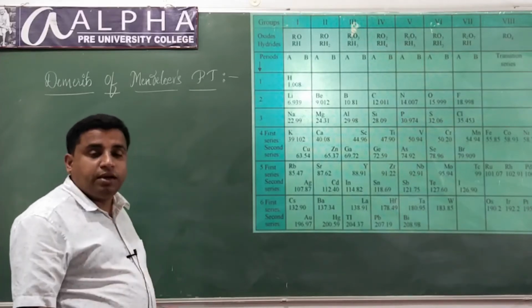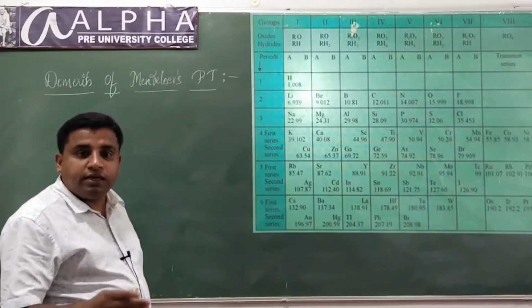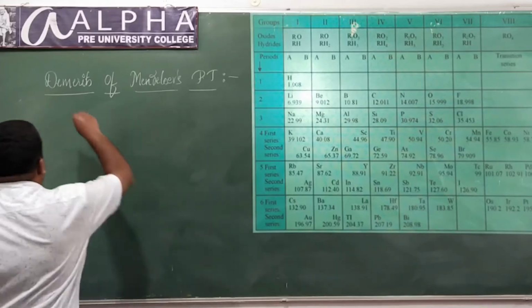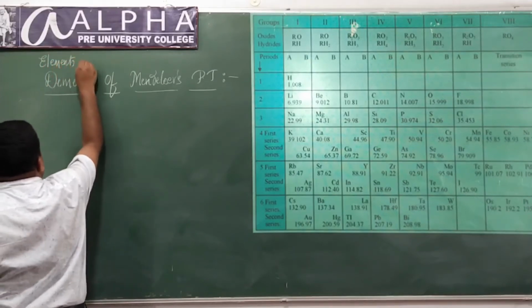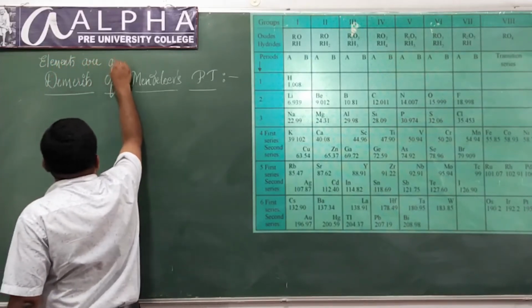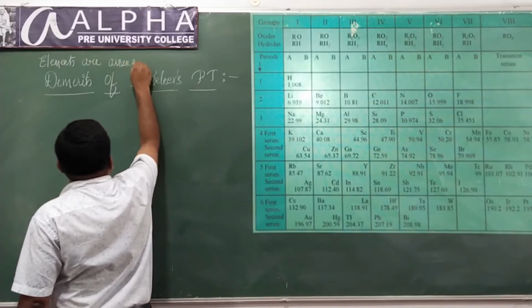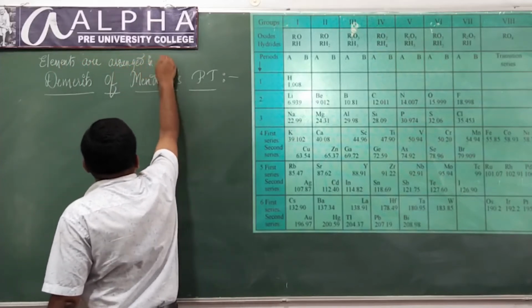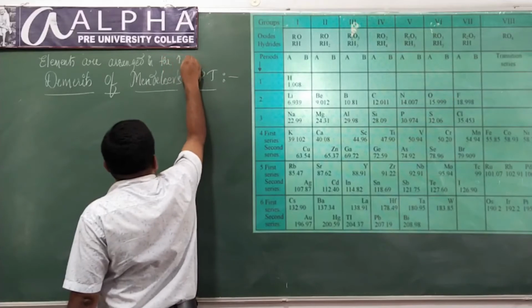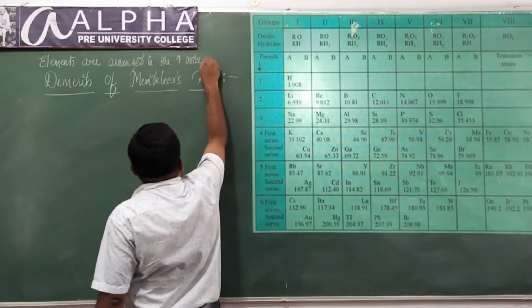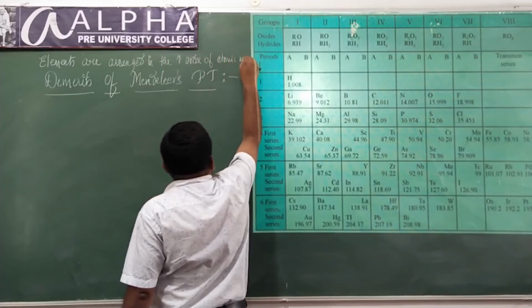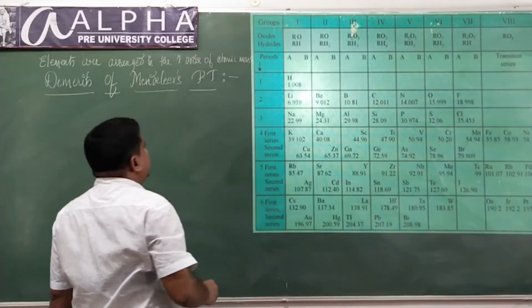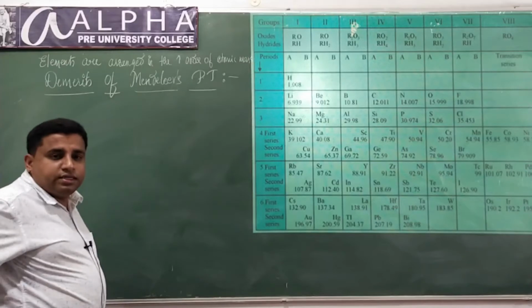I have told you in the previous video that in Mendeleev's periodic table, elements are arranged in the increasing order of atomic mass, isn't it?